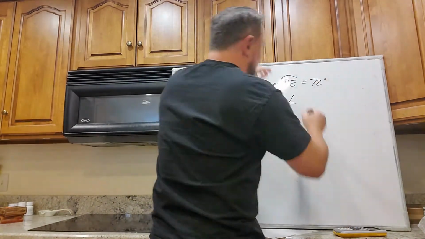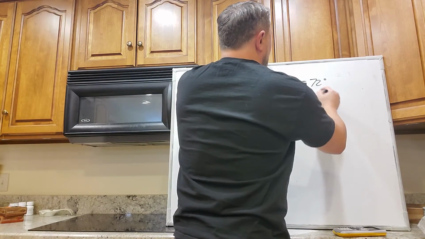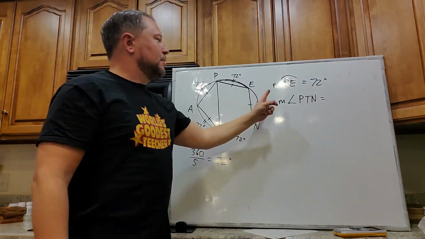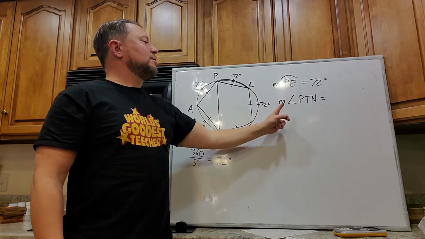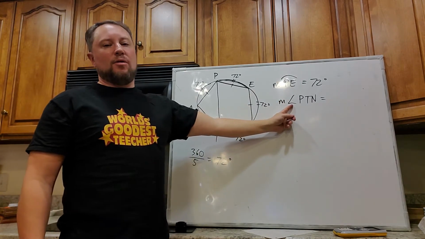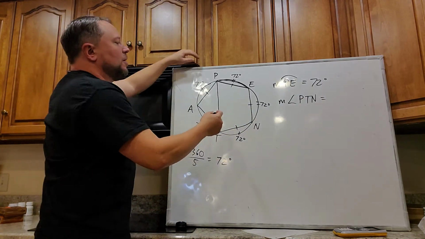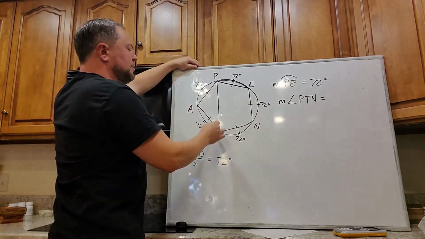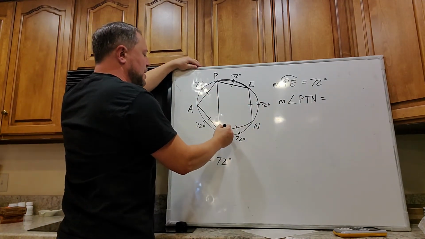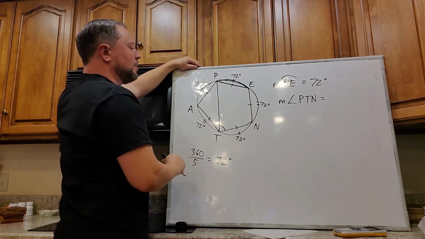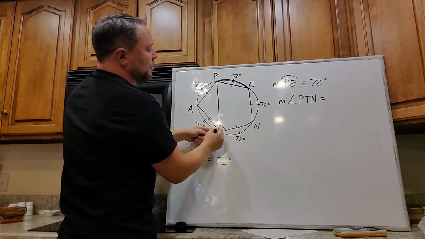So on this next one, and be careful on these. You know, that was a measure of an arc. Here I want the measure of an angle. So measure of angle PTN. Follow those letters in that order. PTN would be this angle, PTN. Okay, notice it's an inscribed angle.